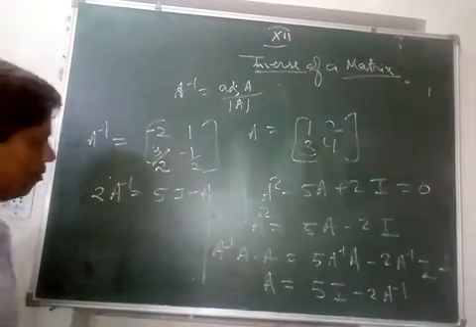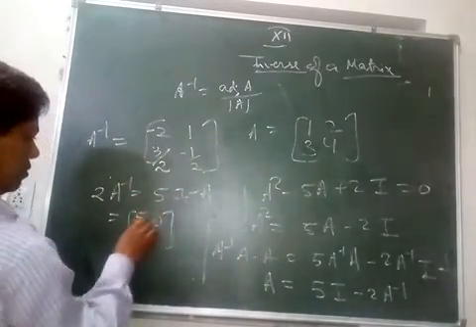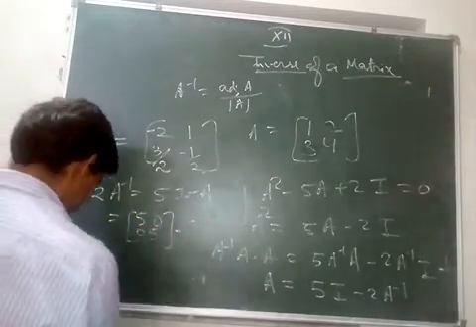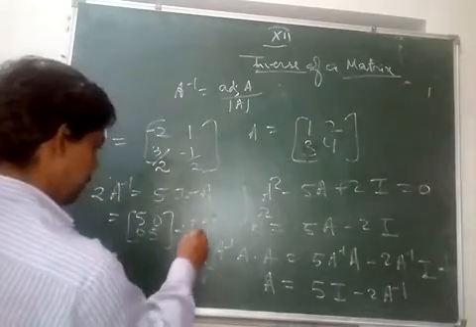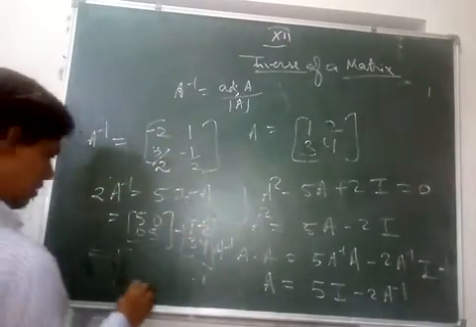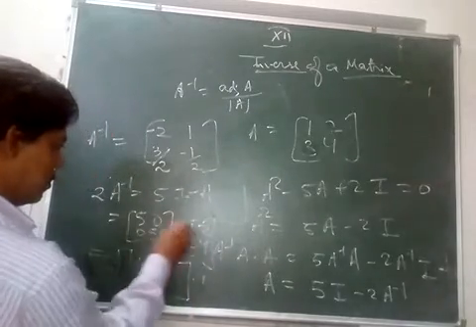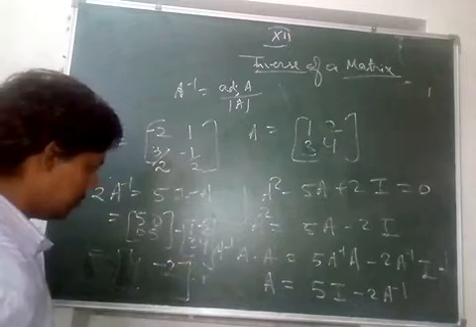Now let's calculate. What is 5I? 5, 0, 0, 5. And what is A? 1, 2, 3, 4. Now subtract this. What will you get? 5 minus 1 is 4. 0 minus 2 is minus 2.